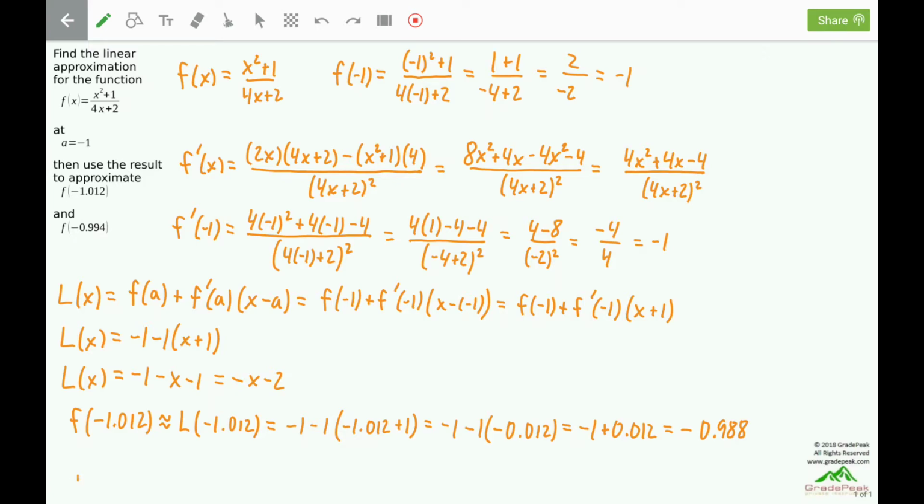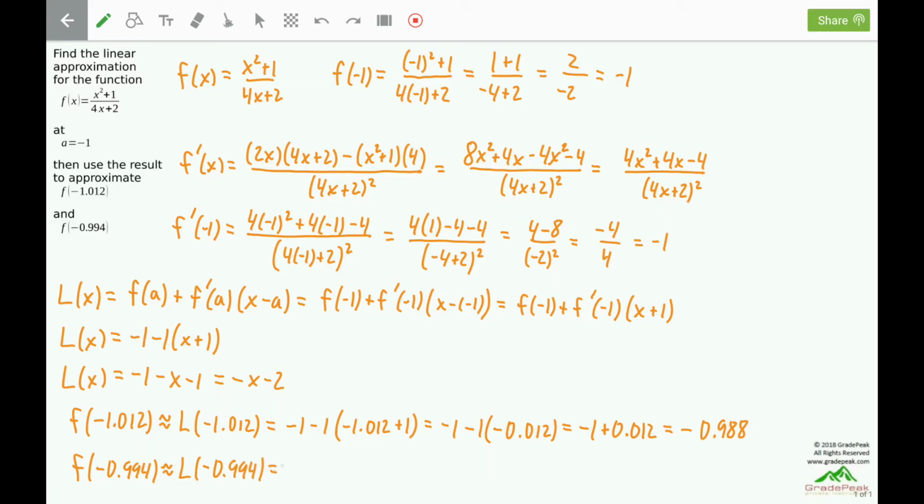To approximate f of negative 0.994, we can use the linearization or linear approximation at negative 0.994.